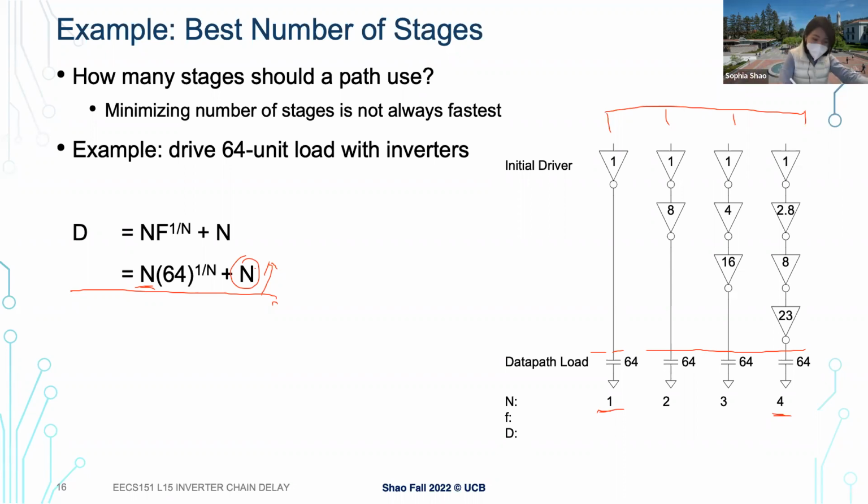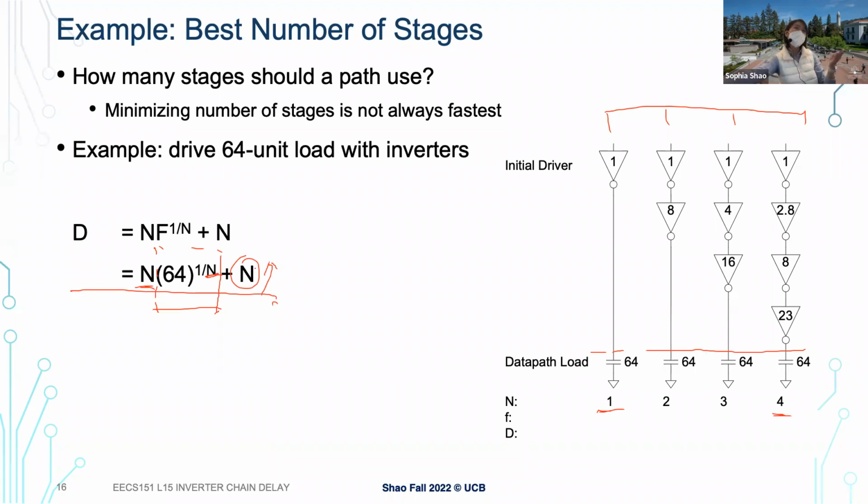But at the same time, you look at this term here, right? With a bigger n, basically more stages, the fan out or the effort of each individual stage is also smaller, or the delay of each individual stage is also smaller, right? Having more stages will make the delay of each individual stage smaller, right?